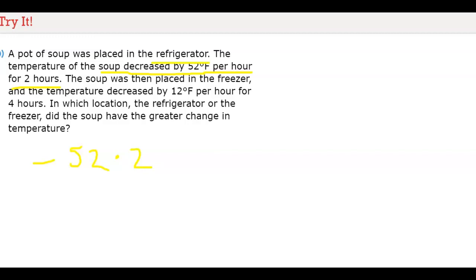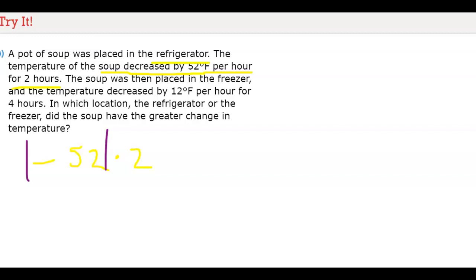So that's our expression. However, because it's asking for the total change, we're going to put absolute value bars. Let me use a different color. We're going to put absolute value bars around the -52, because we just want the total temperature change. So then we can evaluate for the refrigerator.